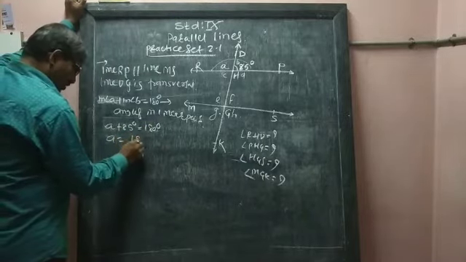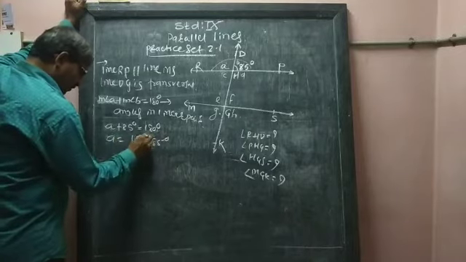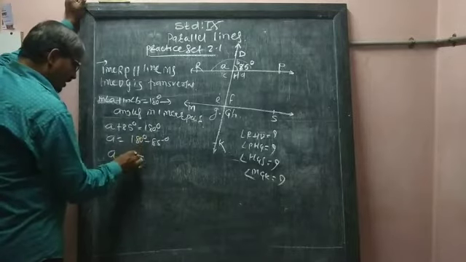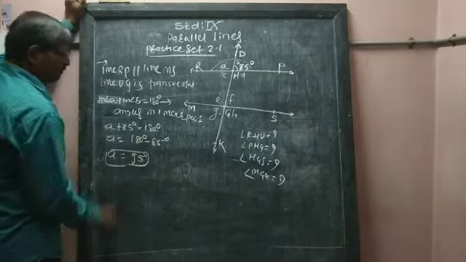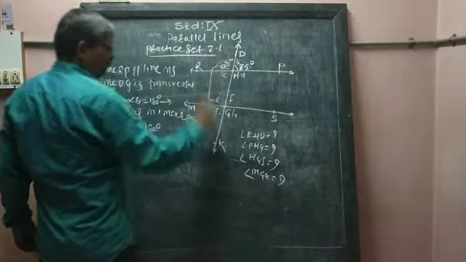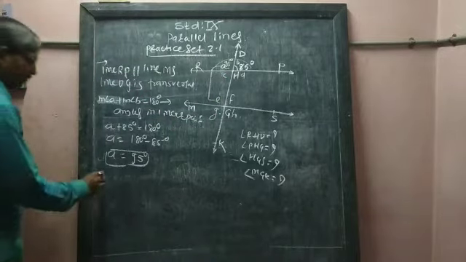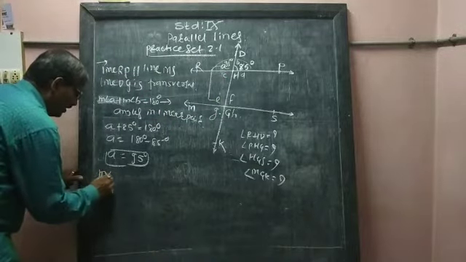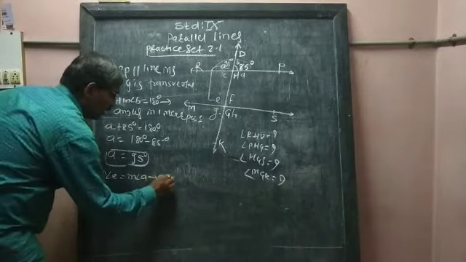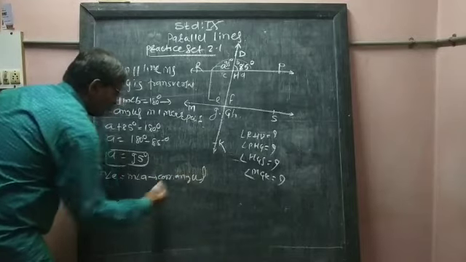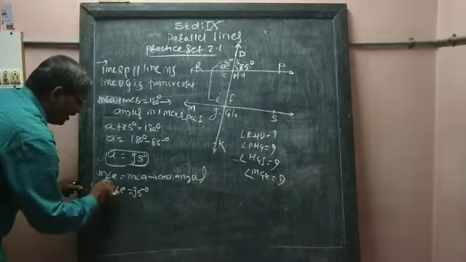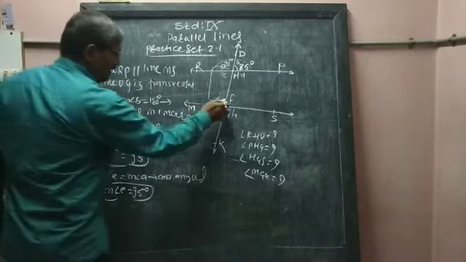Therefore A is equal to 180 minus 85, which is 95 degrees. Now, A's corresponding angle is E. Measure of angle E is equal to measure of angle A. Reason: corresponding angles. Therefore, measure of angle E is equal to 95 degrees.